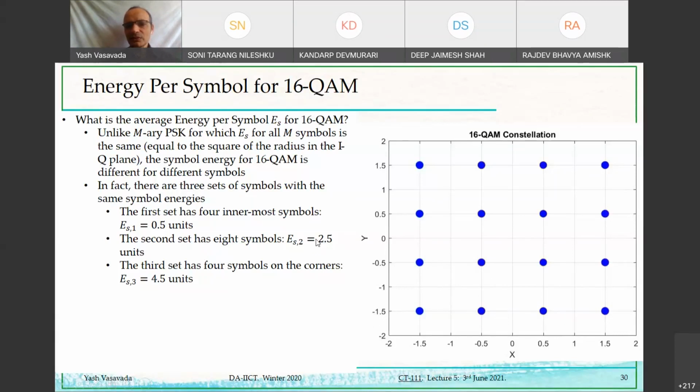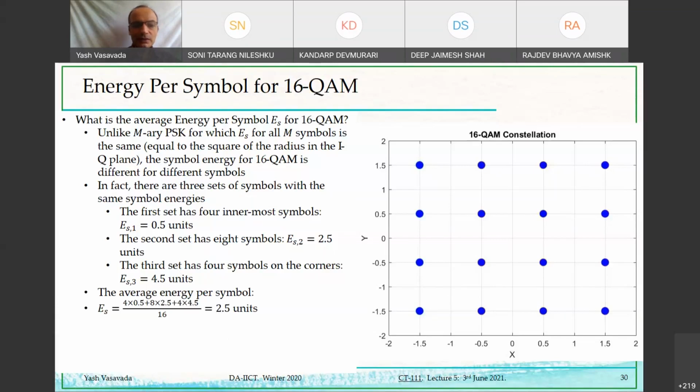And so the sum becomes 2.5. And then the 4 symbols at the very extreme, the 4 vertices of the square, likewise, you can show that their energy is 4.5 units. And so if you do the average calculation, it turns out that the average symbol energy is 2.5.